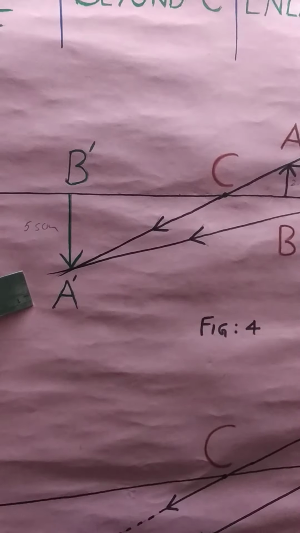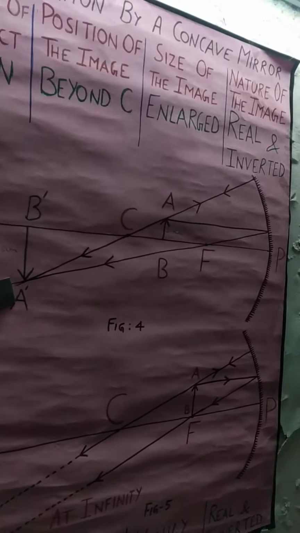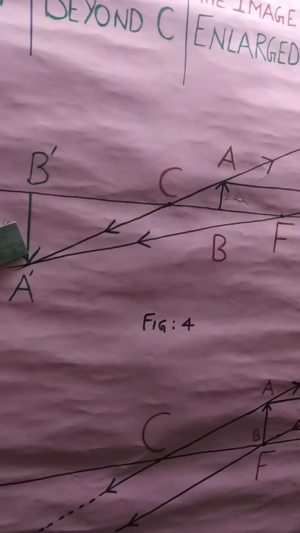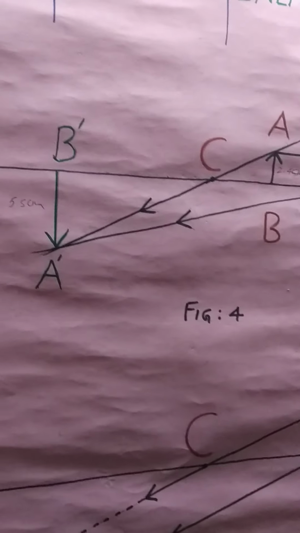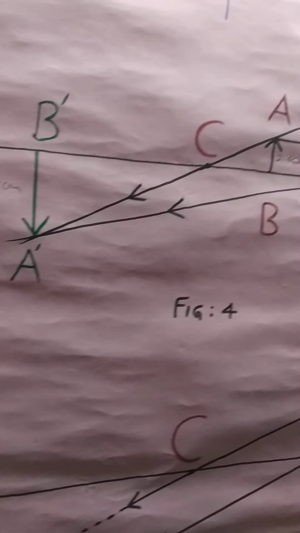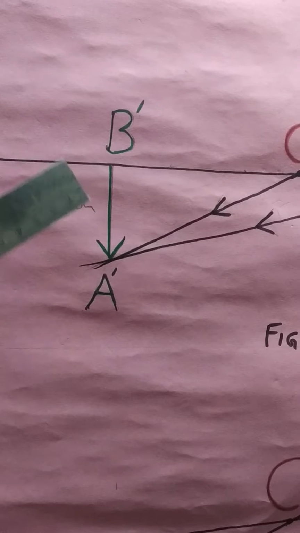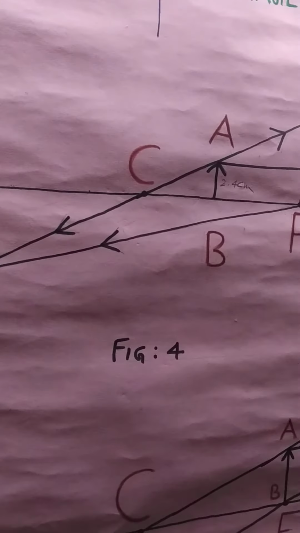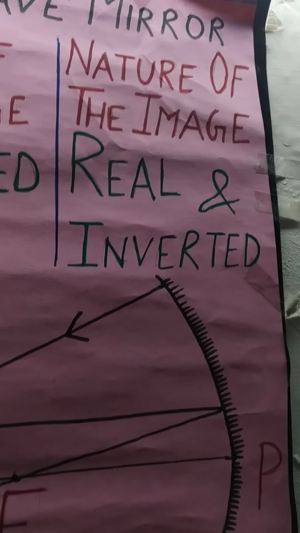Image B dash A dash is formed in front of the mirror, and direction of image is from B dash to A dash, downward. So nature of the image is real and inverted.